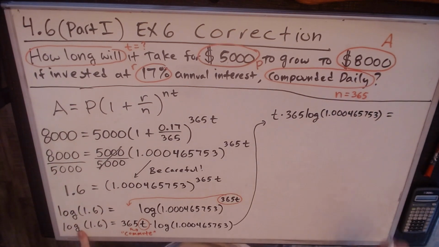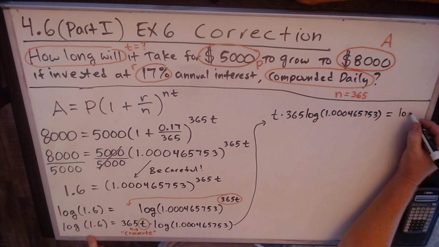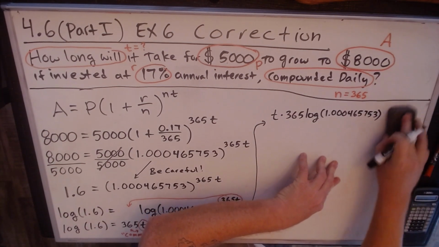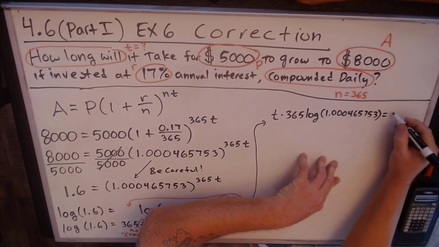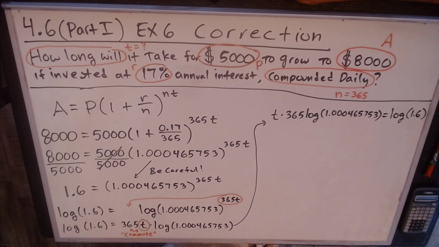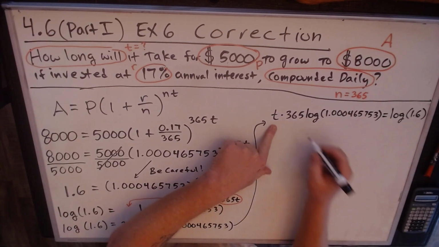And then since log 1.6 is much smaller in terms of space, it's actually a larger number, but I'm going to squeeze it over here in this little space that I have in the right-hand side. So I've got log of 1.6.